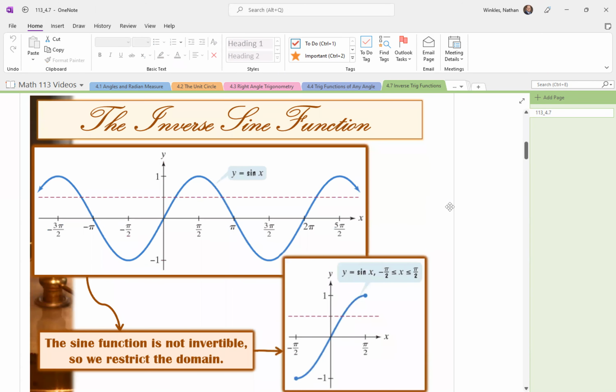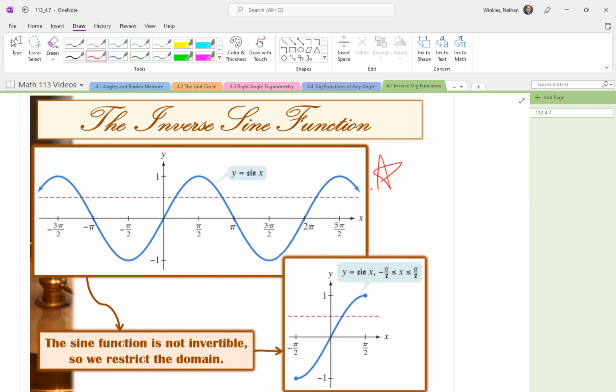So the first one we're going to talk about is our inverse sine function. If we're given our sine graph of y equals sine of x, our sine function is not directly invertible because it keeps repeating, and we have places where it has zeros, or could possibly be undefined.